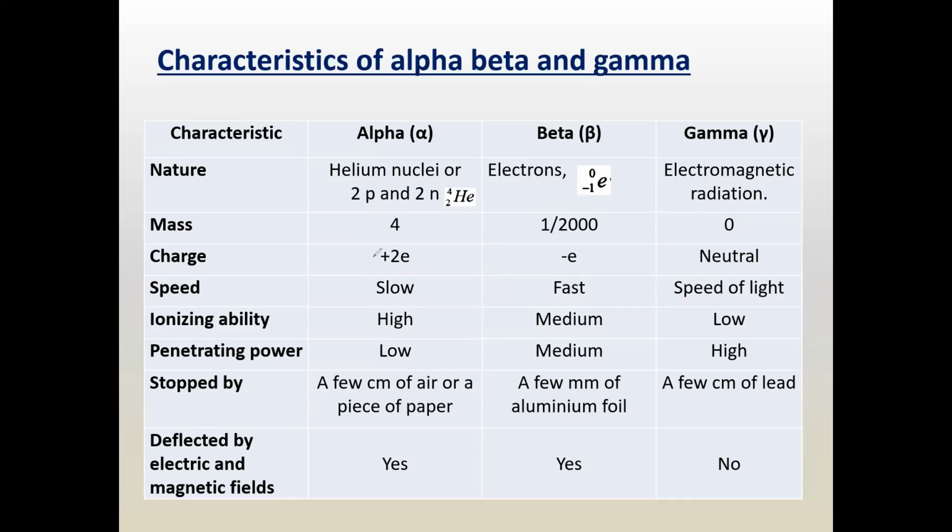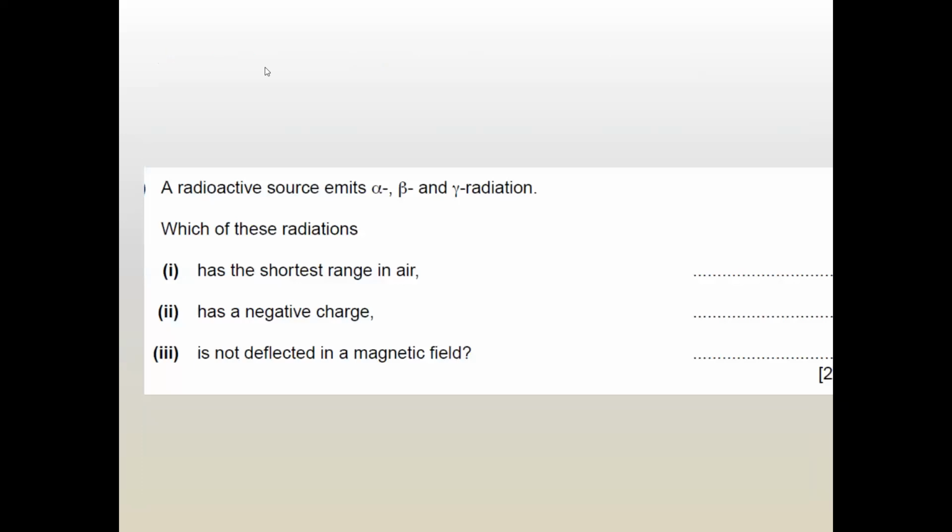Short distance depends on the speed, because alpha is slow. As alpha is slow, it will have a short distance. Penetration power refers to the range or the distance traveled by these radiation. So alpha is moving slow, that's why it cannot travel a longer distance. So the correct answer for the first one is alpha.